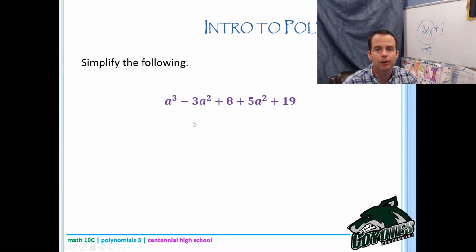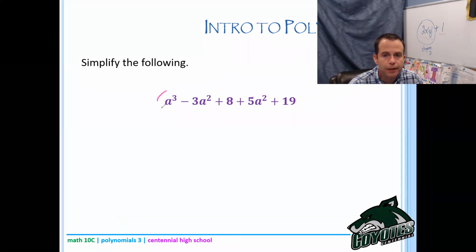Okay, so now a cubed minus 3a squared plus 8 plus 5a squared plus 19. Since you have to do it in descending order anyway, start with your highest exponent. I've got an a cubed here. Sorry, I can't get my color working here. I got an a cubed here and no other a cubed, so that'll be a cubed at the beginning.